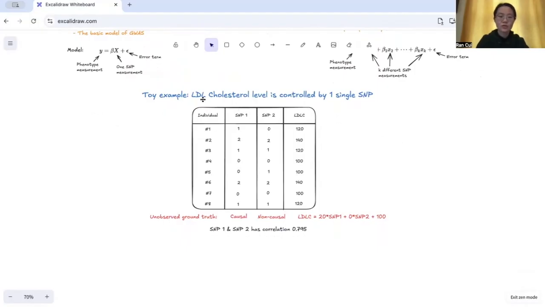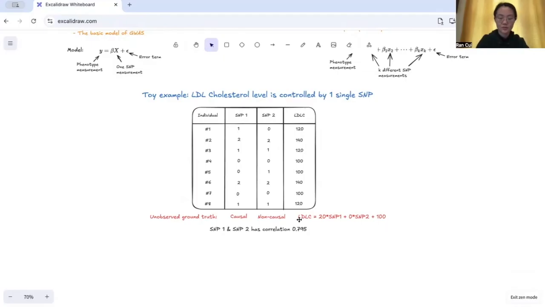So suppose you're interested in LDL cholesterol level and you have collected all these data from different individuals and you've measured two SNP locations, SNP1 and SNP2, and all the LDLC measurements for all these individuals. What you don't know is the unobserved ground truth that SNP1 is causal for the LDLC levels, but SNP2 is not.